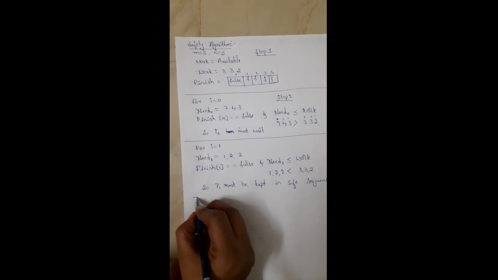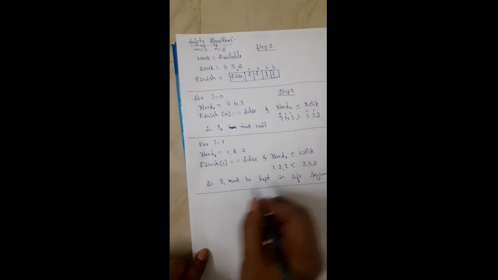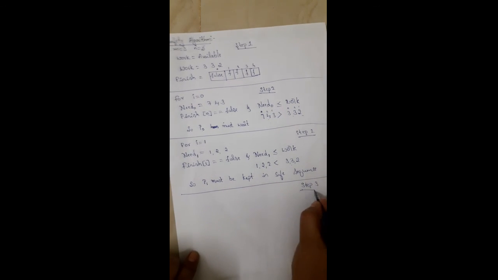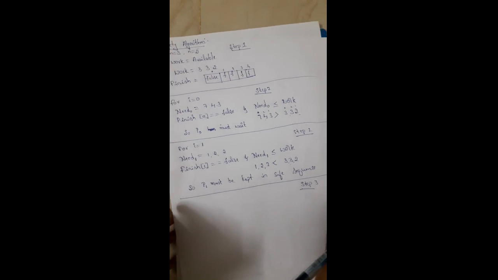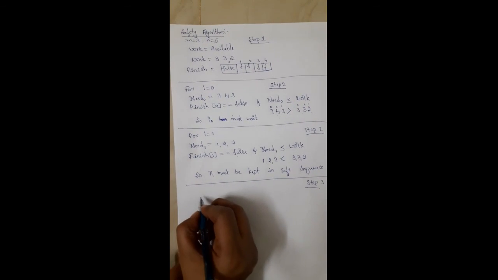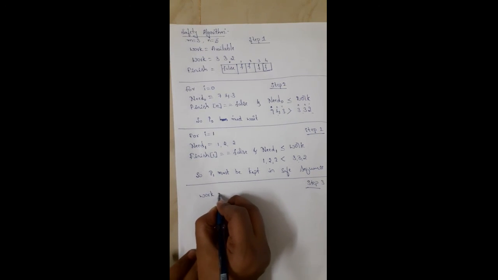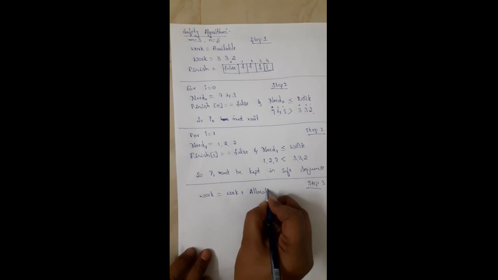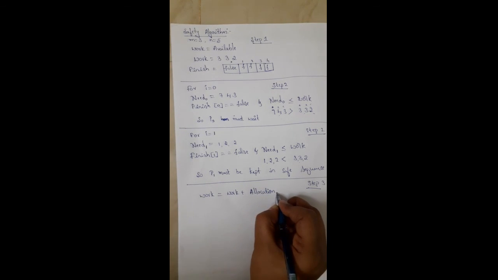Once this holds good, the next step is step number 3 according to the algorithm. This is still step 2. In step number 3, what do we have to do? Work is equal to work plus allocation. Here it is the allocation of P1.